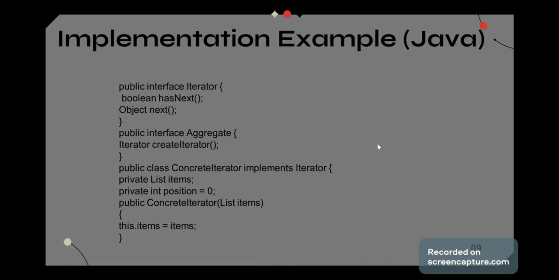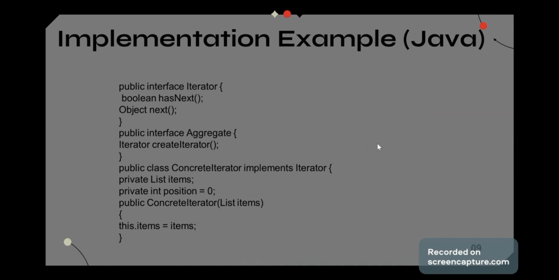So here we have a simple code for an iterator implementation in Java. Firstly, as you can see, we have the iterator interface, which defines two methods: hasNext, which is boolean and tells whether we have another item in the collection, and next, which retrieves the next item. Then we have the aggregate interface, which declares the method createIterator to create the iterator for traversing its elements.